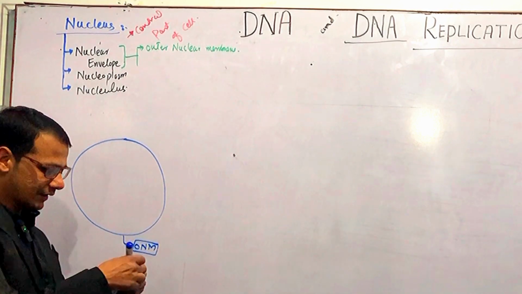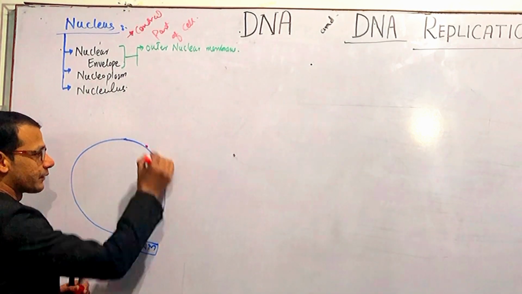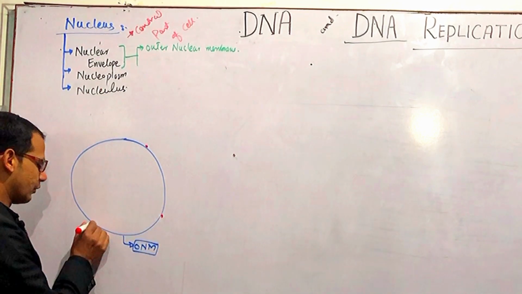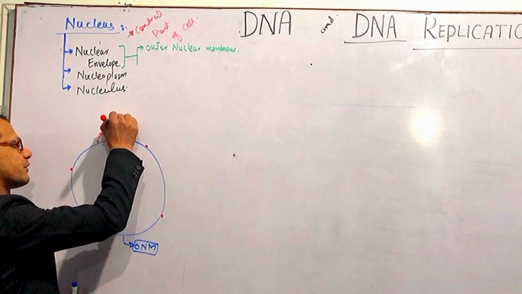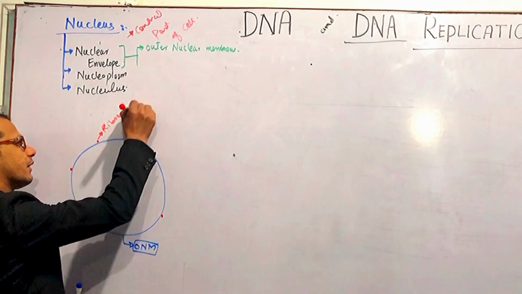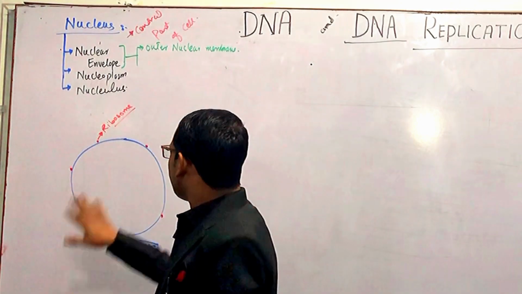Tiny particles are attached to this outer nuclear membrane, which are called ribosomes. And ribosomes are very important in transcription and translation.